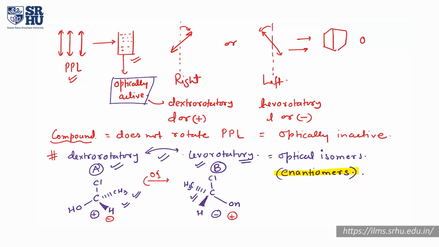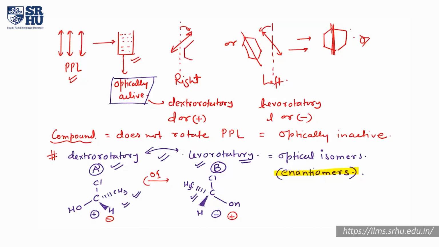So if there is a person on this side who is watching through this prism, he will not be able to see the light until the prism is moved in such a way that it is aligned like this. Its axis is aligned to the plane of the PPL, right?